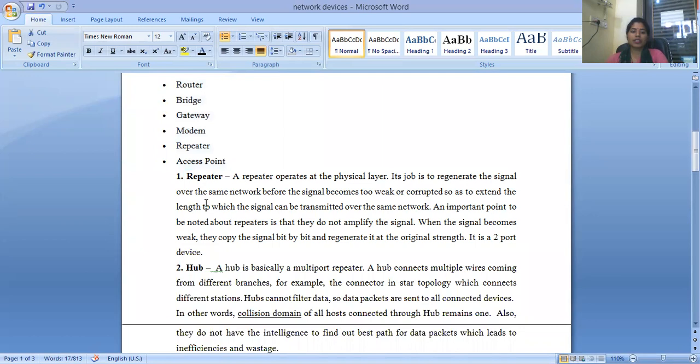Now, first we will discuss the repeater. A repeater operates at the physical layer, and its job is to regenerate the signal over the same network before the signal becomes too weak or corrupted, so as to extend the length to which the signal can be transmitted over the network.